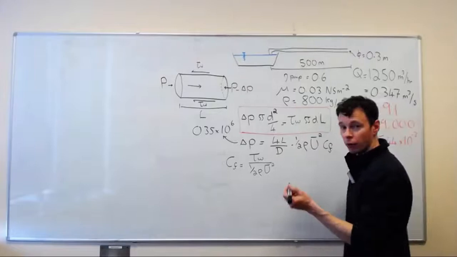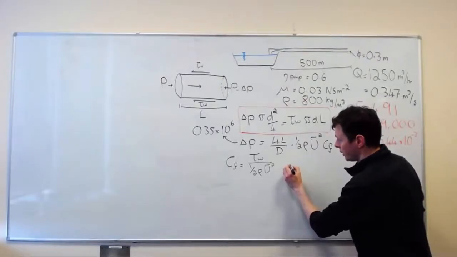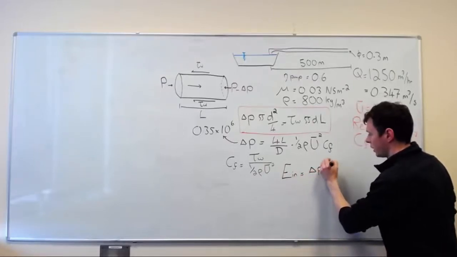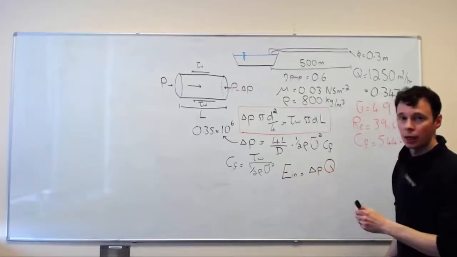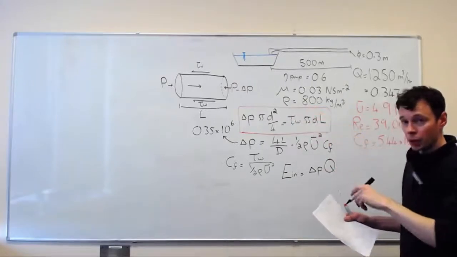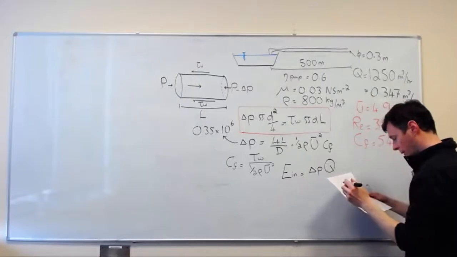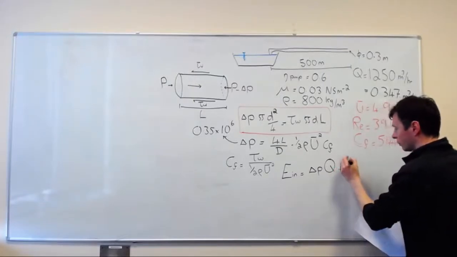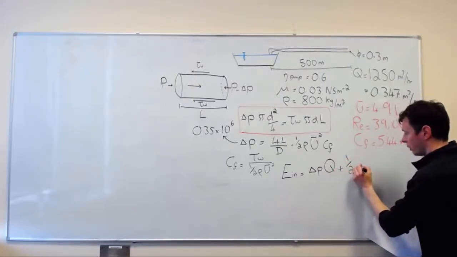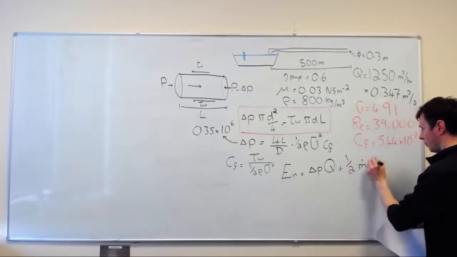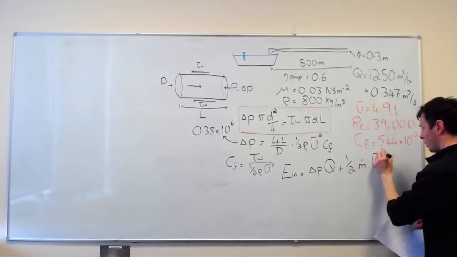Right, so if you've gone back to your notes now, or if you didn't need to, again, energy in equals delta P times Q. So that's the energy to overcome the internal friction stresses, or friction forces, plus half, again, mass flow, U bar squared.